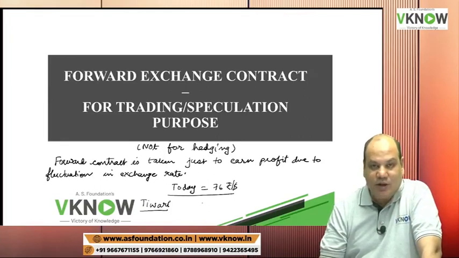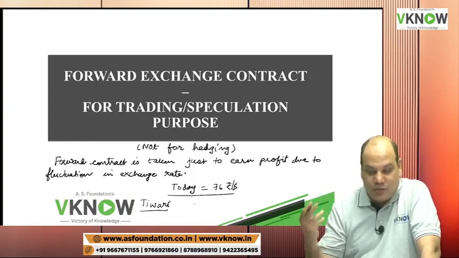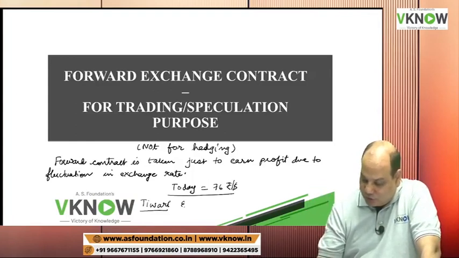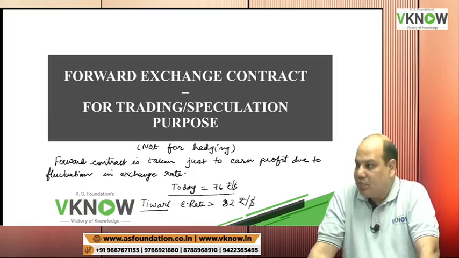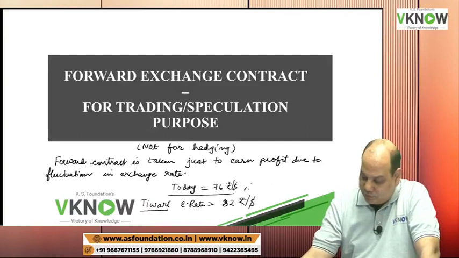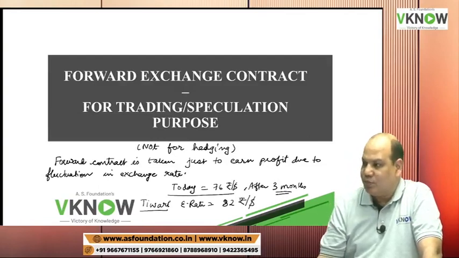He is thinking that after 3 months, Tiwari believes that exchange rate will become 82 rupees per dollar. Wah, Tiwari, wah. Tiwari believes that after 3 months, exchange rate will become 82 rupees per dollar.